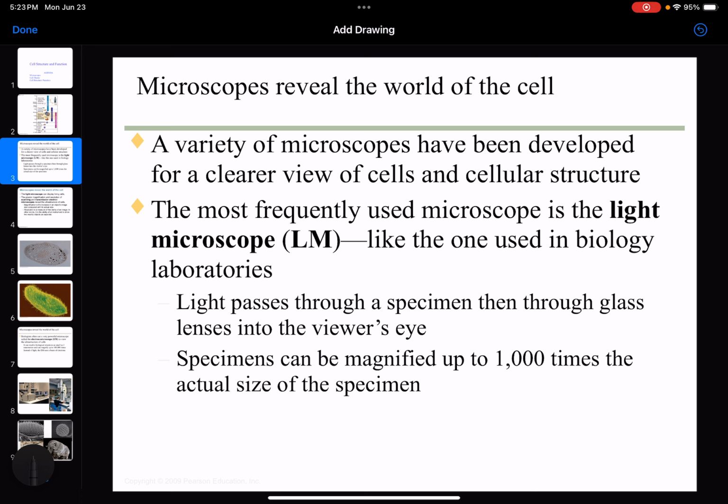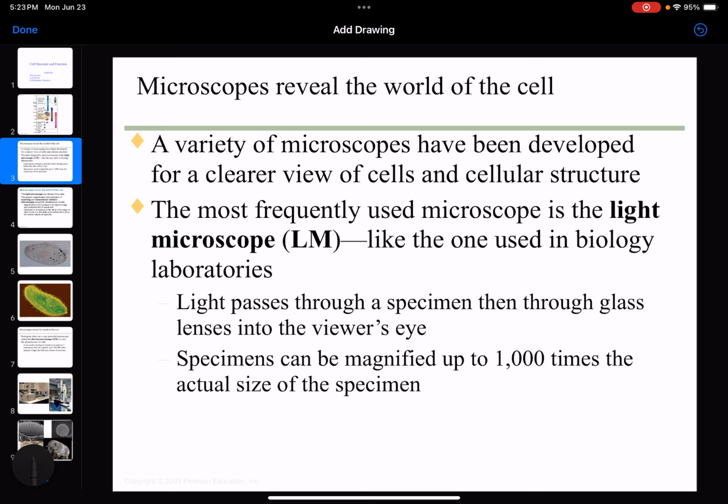Still, the light microscope is very popular today because light microscopes allow you to see living cells, whereas electron microscopes require those to be basically killed. So you're not looking at them live. They're not in motion. You don't get to see behaviors, but you get very detailed images from electron microscopes.